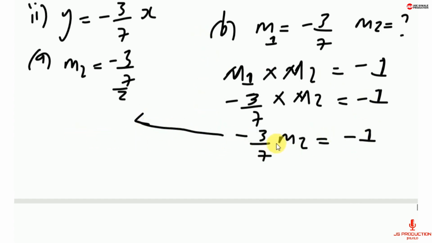For us to find the value of m2, we multiply both sides of the equation by negative 7 over 3.